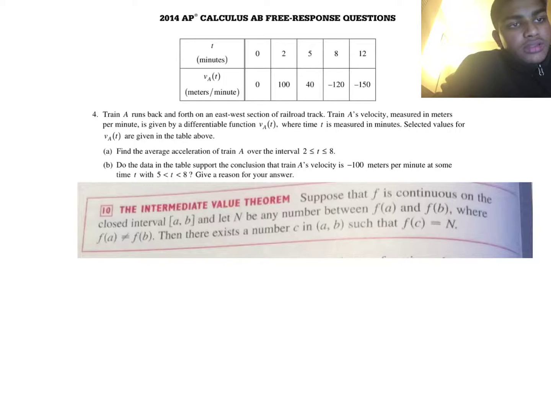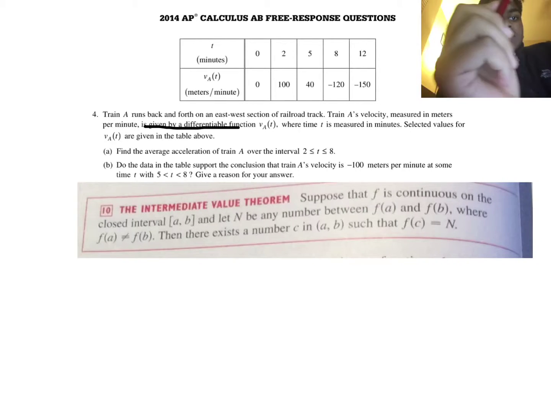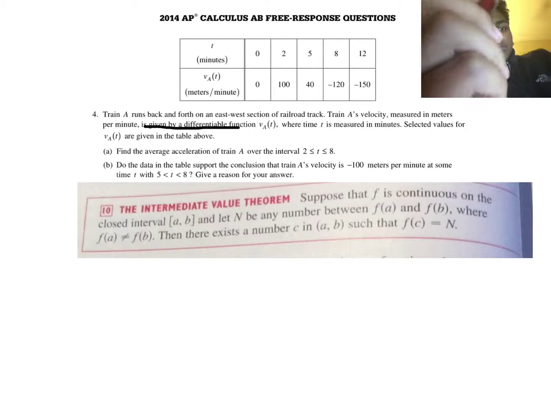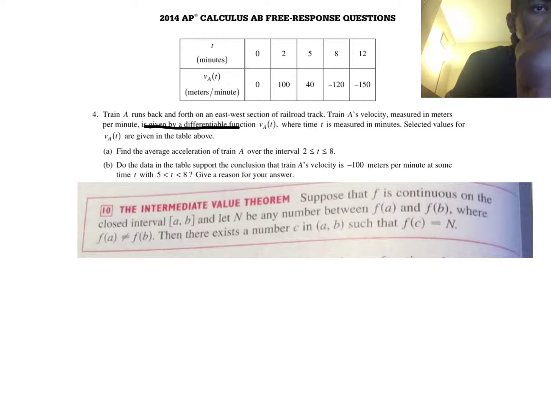In this situation, the question is asking us to show that such a t exists. So to do that, all we need to do is prove that f is continuous, and that f of a does not equal f of b. We are given a differentiable function, which means that the function is also continuous, and it's also given in the table that f of a does not equal f of b.